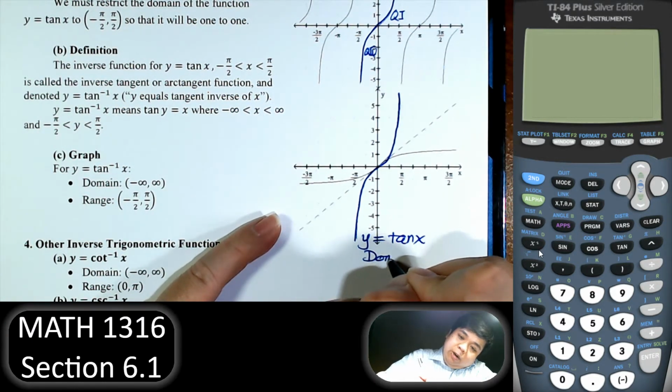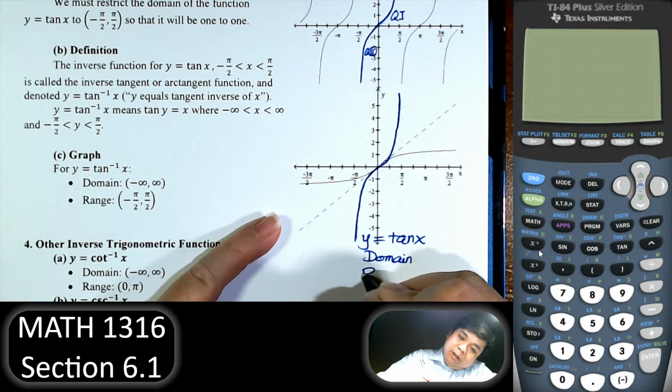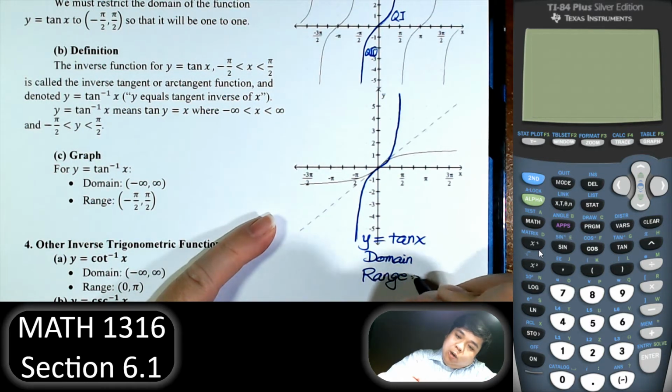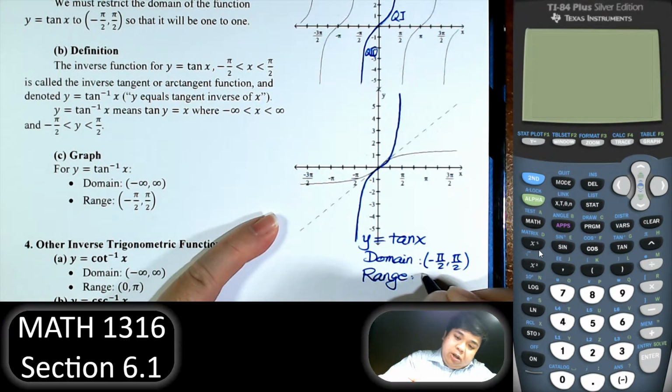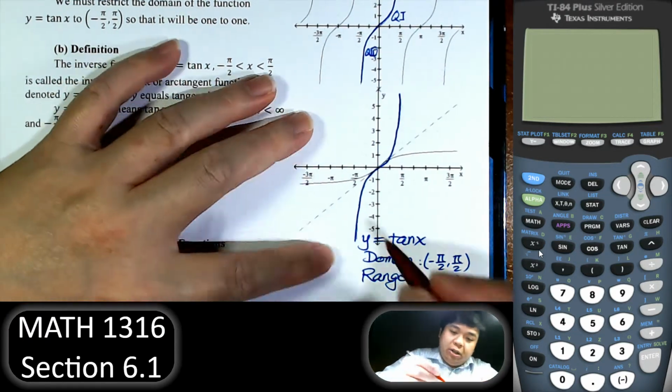And then domain and range. Domain, we restrict it to be negative pi over 2 to pi over 2. And then the range from negative infinity to infinity. Now we just need to interchange.